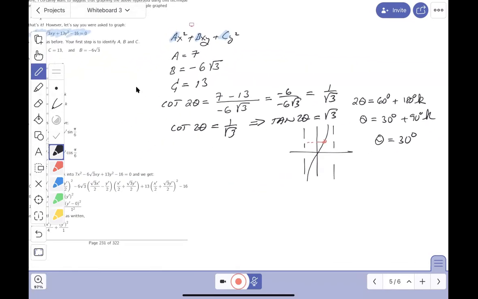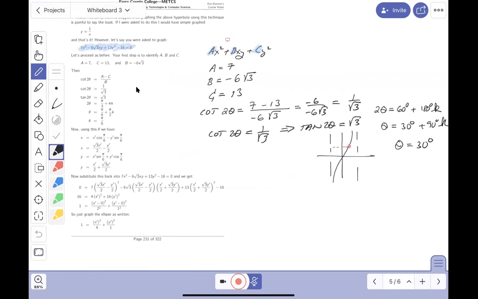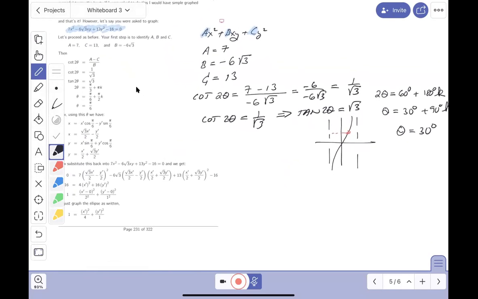Then what do we have to do? Well, we've got to take that angle theta and substitute it into the things we're asked to do. And let me write this down for you. So it's going to be x equals x prime cosine of 30 degrees minus y prime sine 30 degrees.